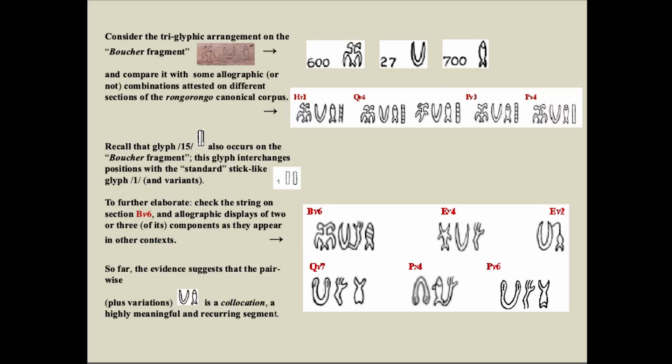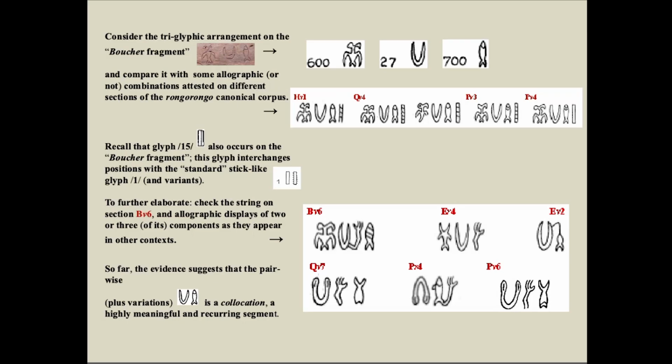On the other hand, if we start analyzing this, and this is just some preliminary notes that I'm giving in this presentation that Tomi and I have put together. If you look at the bottom line, no question, you have glyph 600, 27, 700. So the, we'll call it frigate bird glyph, sort of a U shape, and then a fish glyph standing upright.